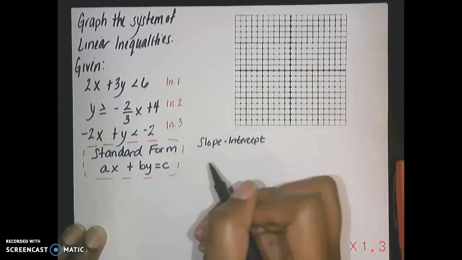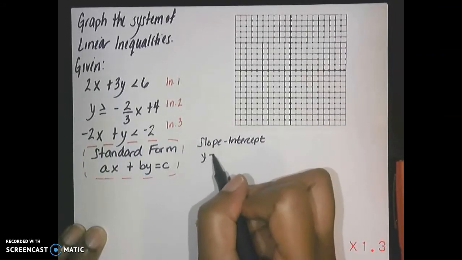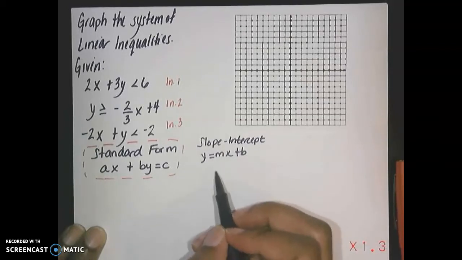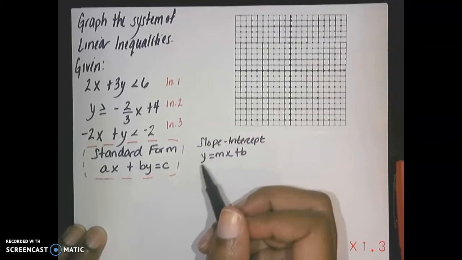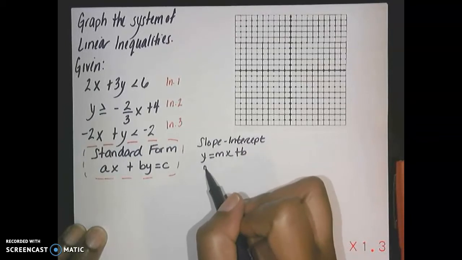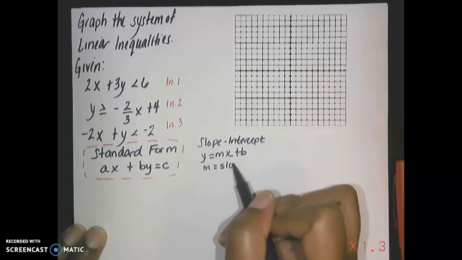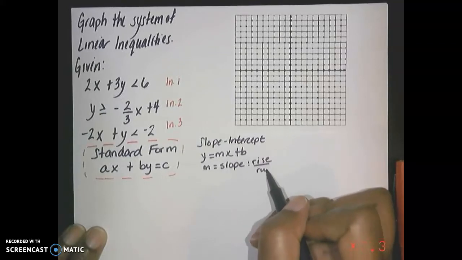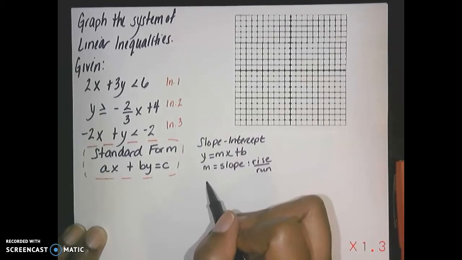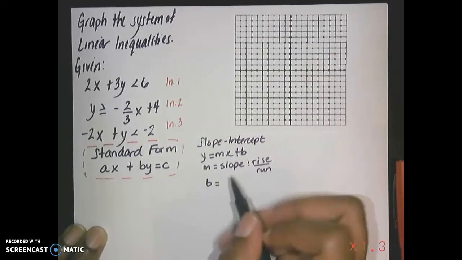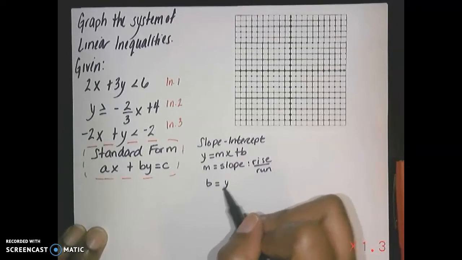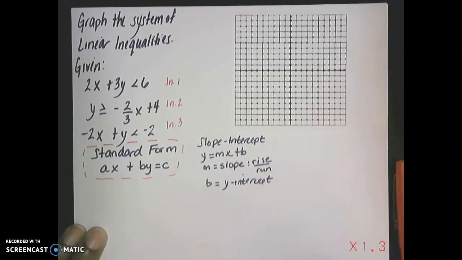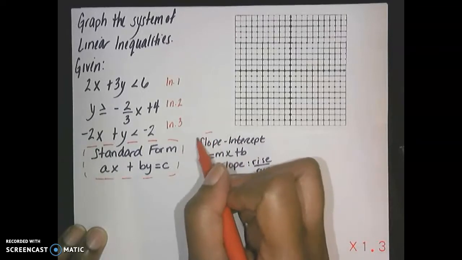Okay, we want to put them in the form of y equals mx plus b, or y is greater than or less than mx plus b, so that we can figure out what our slope is, which is our m, which is just our rise over run, our rate of change, and then what b would be. B just tells us our beginning, that's our y-intercept. So that's what we're going to need in order to graph these.